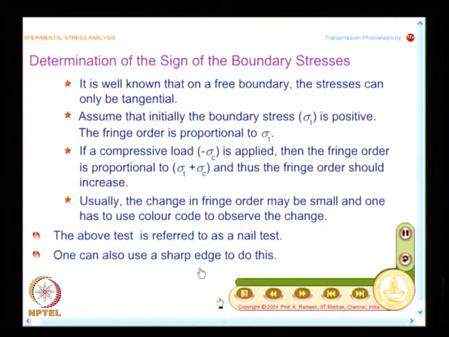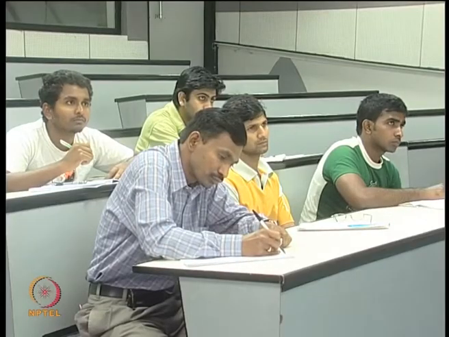But we can also think of other ways to do it. Once you understand the principle, we have already seen what a Babinet-Soleil compensator is. We have put a compensator after the model and added compensation or subtracted compensation. So, in a similar fashion, I can use an external member to assist in doing this kind of test, and that is what we will see now.